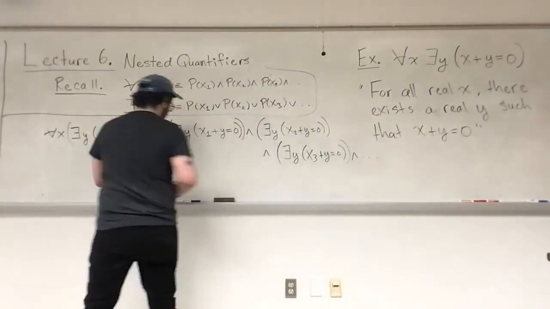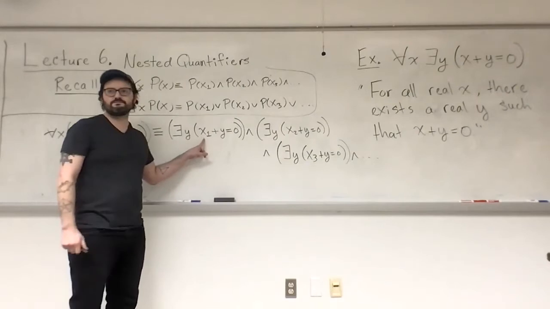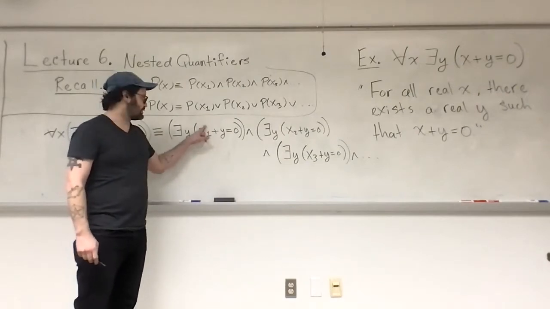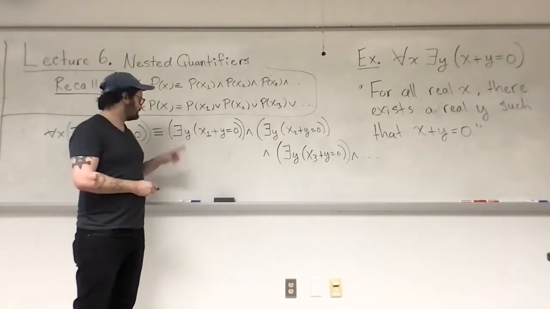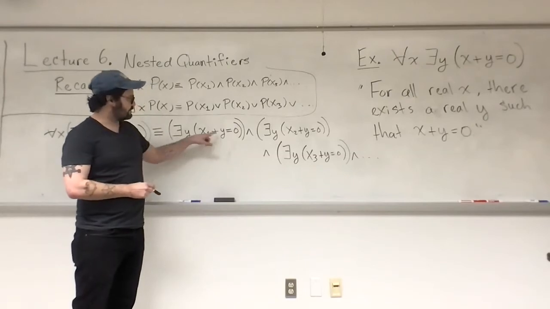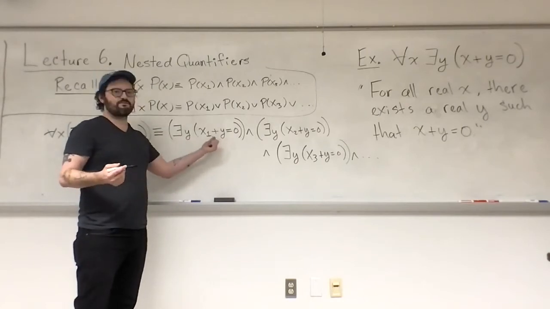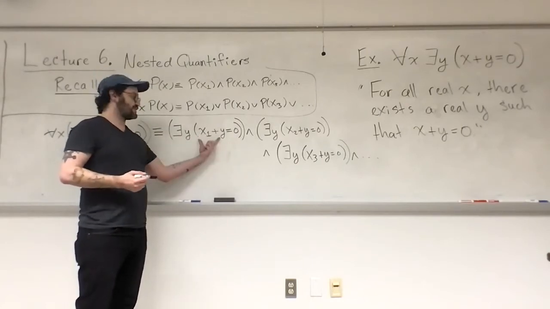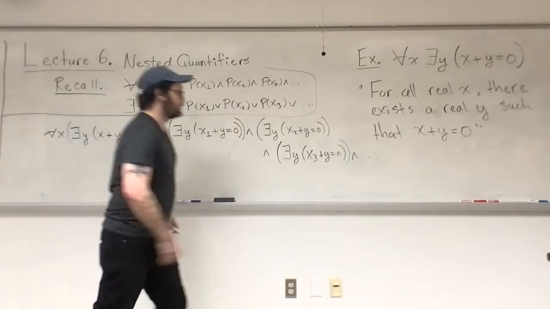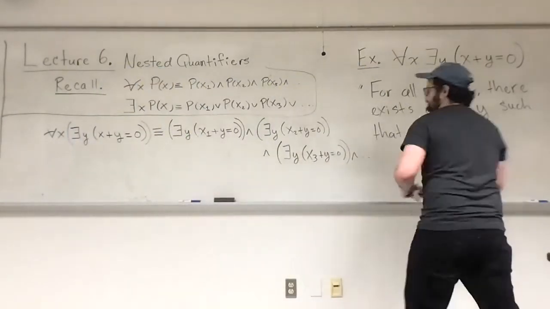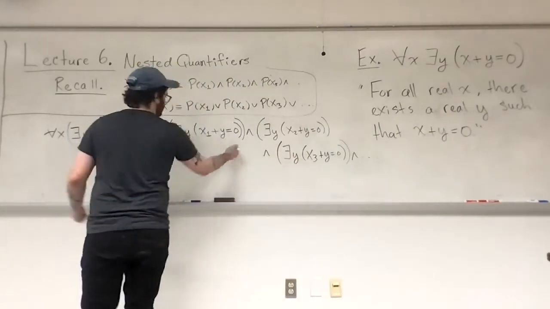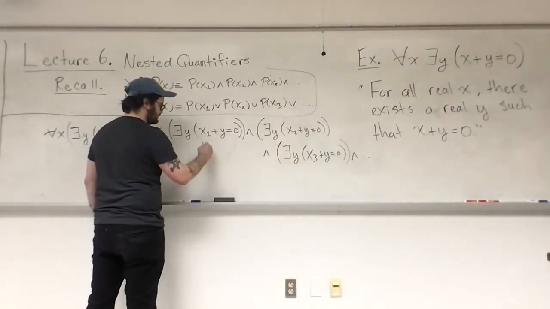Then that's just a single number, right? So does there exist a number, a y, that makes this statement true? Yeah, the negative of that number. So that's going to be true, and this is just like what we were doing last time.